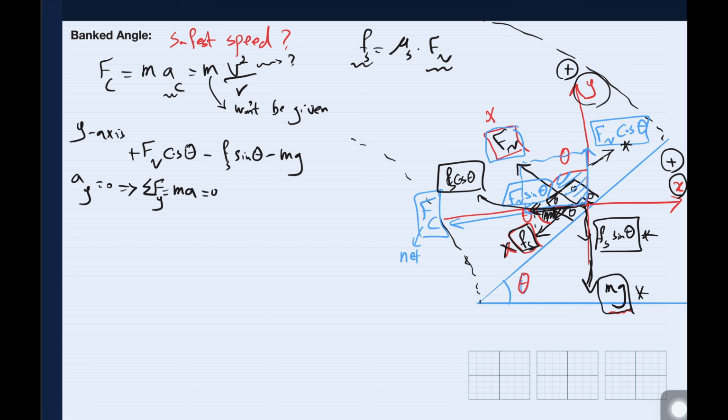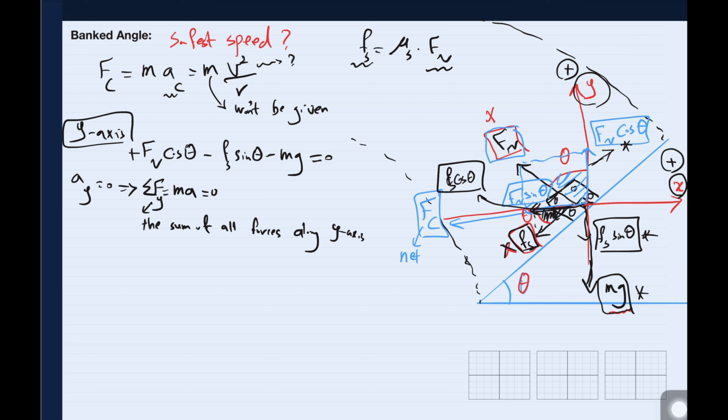So sigma Fy means the sum of all forces along the y-axis. Okay, so then sigma Fy is going to be 0. So for the y-axis, these are 0. But that means the sum of all forces, not an individual force.